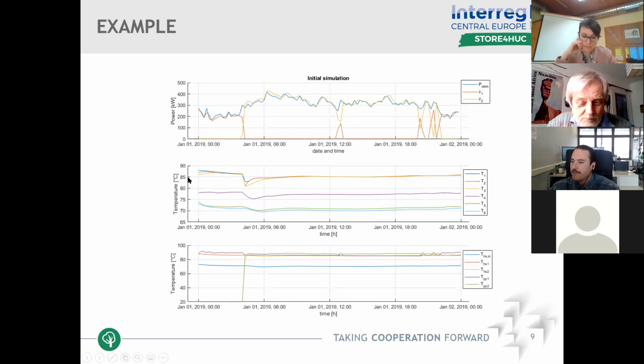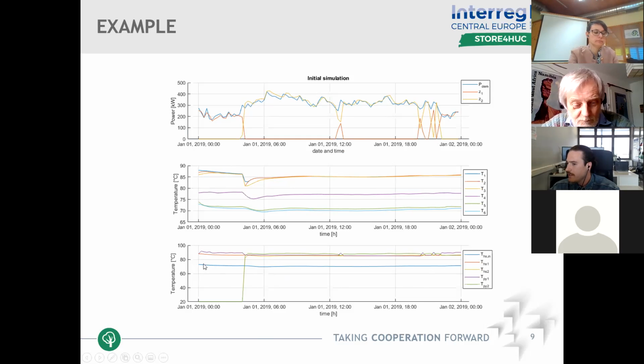So since 85 degrees is the minimal temperature needed, it keeps it this way. Sometimes it goes a bit under because there is delay in the system, but it's roughly at this 85 degrees. At the bottom, there are other temperatures.